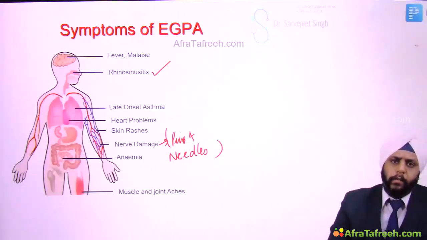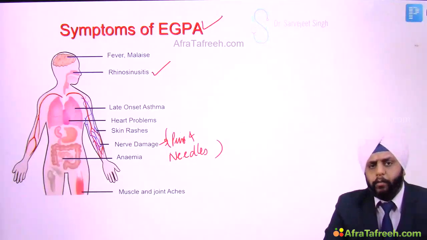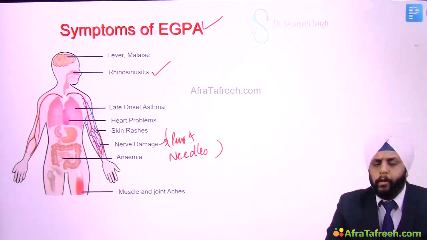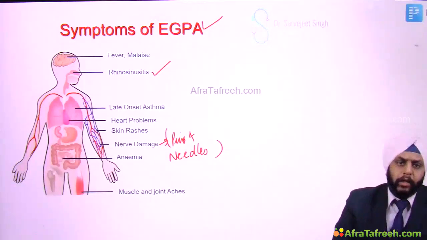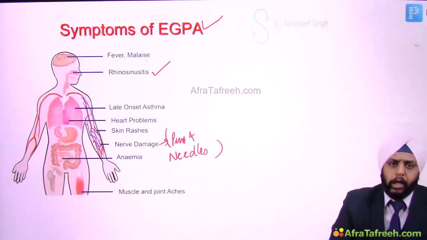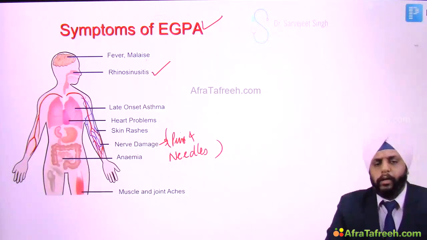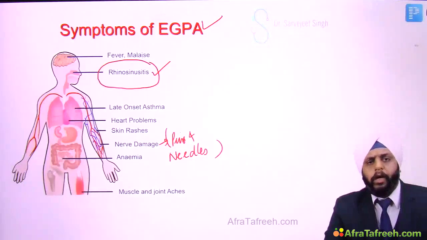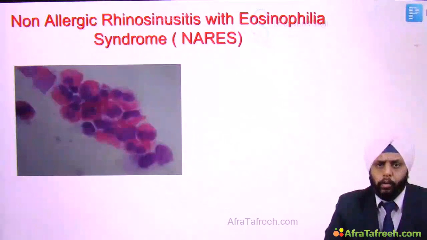Okay. So these are symptoms of eosinophilic granulomatosis with polyangiitis, but you will be studying more detail about it in pathology and in medicine. I just wanted to tell you that this rhinosinusitis again is associated with nasal polyps. Okay. Next is non-allergic rhinosinusitis with eosinophilia syndrome.